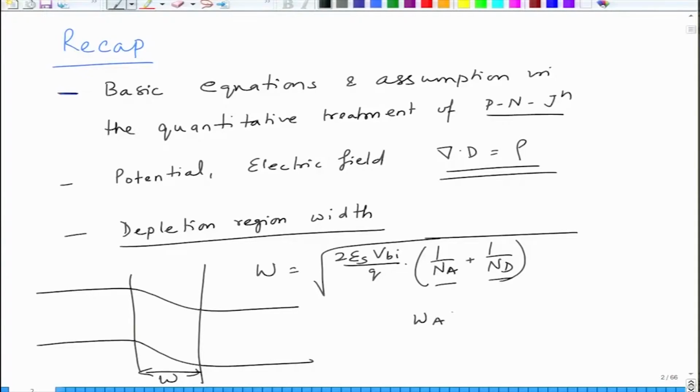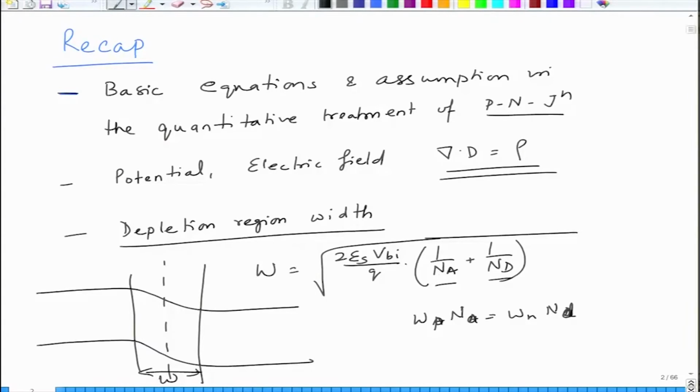It also tells us, because we know that Wp Na is equal to Wn Nd, that if the P side is heavily doped compared to the N side, the P side is narrower, or if the N side is more heavily doped compared to the P side, the N side is narrower. So this is the message of the previous lecture.